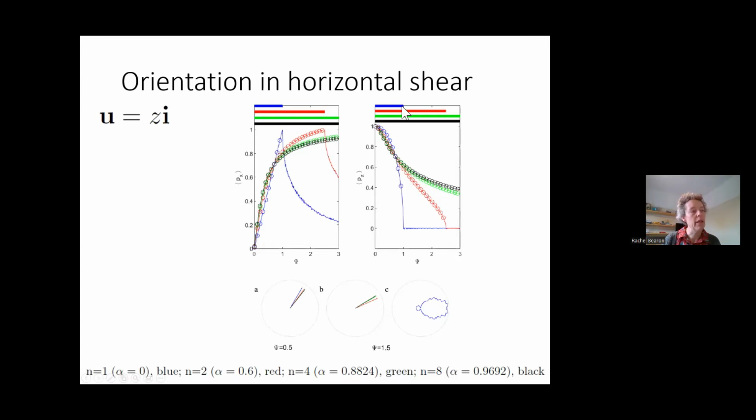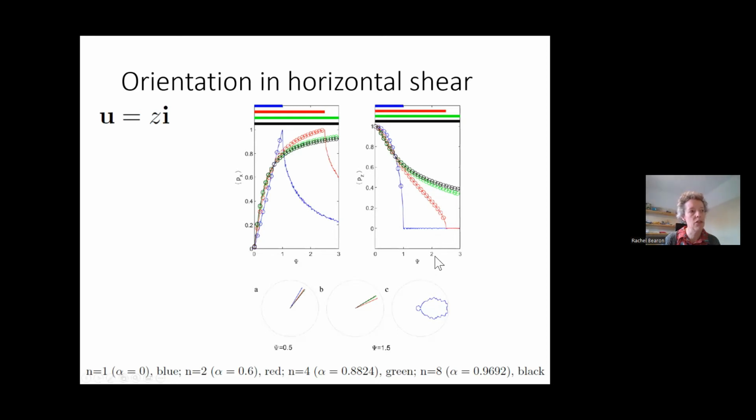So as you increase the elongation, there is a larger range over which an equilibrium exists. And this manifests itself at these larger values of psi as it being advantageous to be elongated.